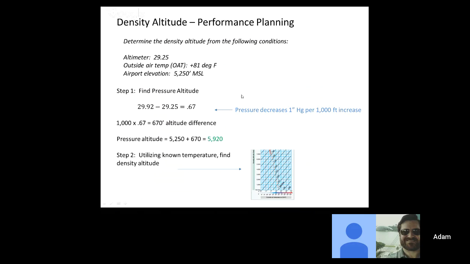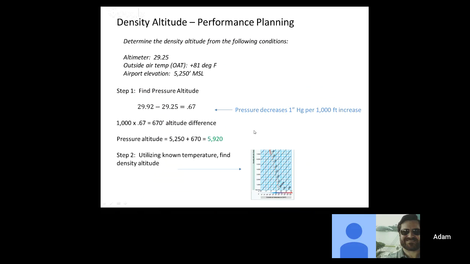So just really quick, for density altitude, you find pressure altitude first, and then you adjust for your temperature. We took a standard datum plane of 29.92, found the difference between our current airport elevation and pressure altitude, and determined that pressure altitude is 5920.